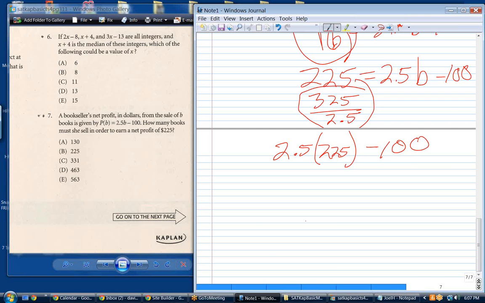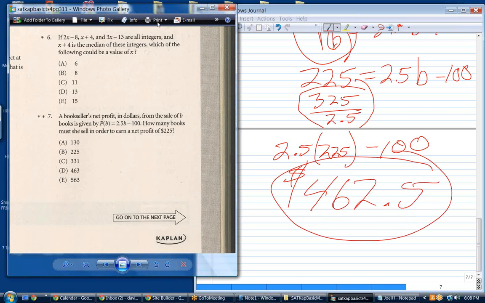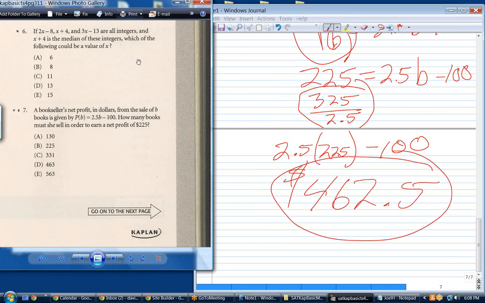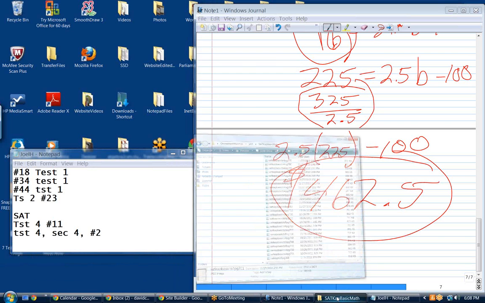Use your calculator. 2.5 times 225 minus 100. 462.5. What's the answer based entirely on that? Lower. Exactly. All right. Cool. Let's go to the next page, 312.